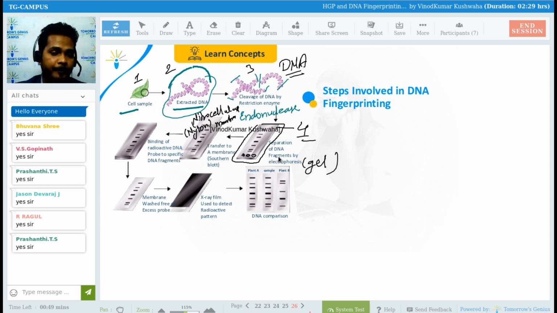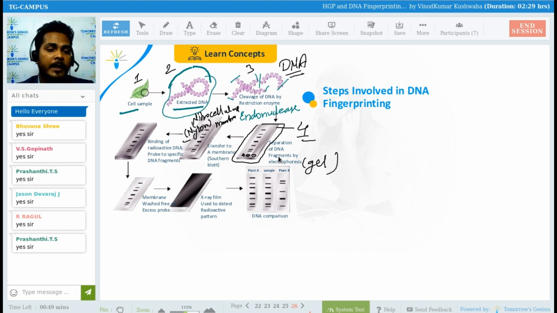So you can see here, this is one sheet which is placed over here. There is a gel and a lot of DNA fragments present over here. You have to keep one nitrocellulose membrane over it like this. So all the DNA fragments are going to be transferred onto the nitrocellulose membrane.